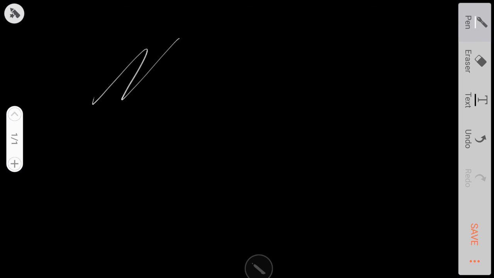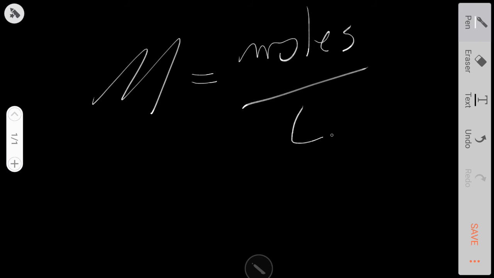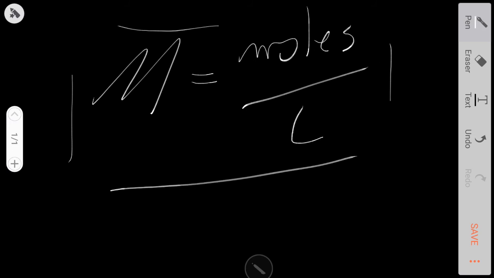But the equation for molarity is equal to moles per liter. Don't forget this.